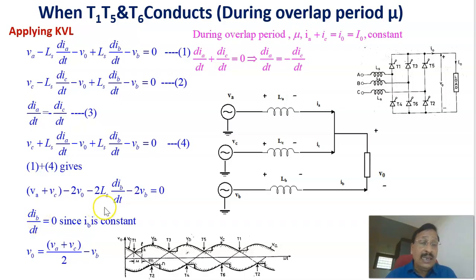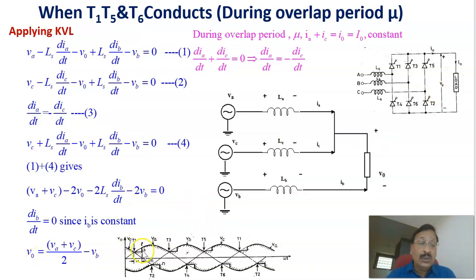Here the current through IB is constant, this load current is flowing constant, because the current is increasing here, decaying here, but the current through this during that period is a constant I naught. Therefore, DIB by DT equal to 0. Therefore, substituting that here, since IB is constant, from this equation we'll be getting the output voltage during the overlap period.